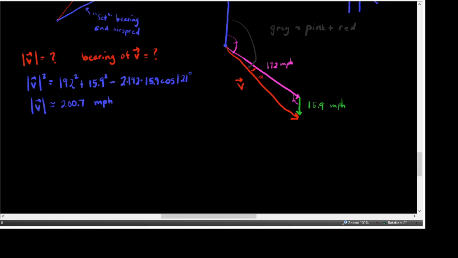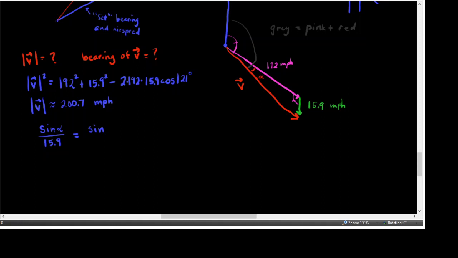So the law of sines says that the sine of unknown alpha divided by the side opposite it, which is 15.9, should equal the sine of any other known angle in the triangle.